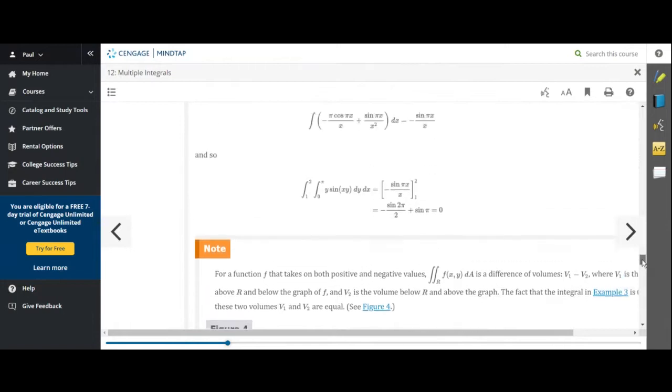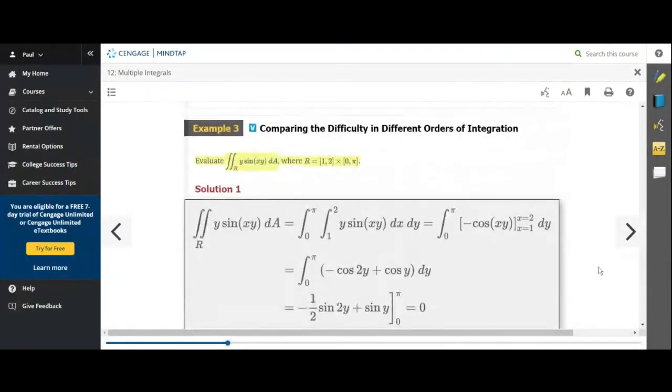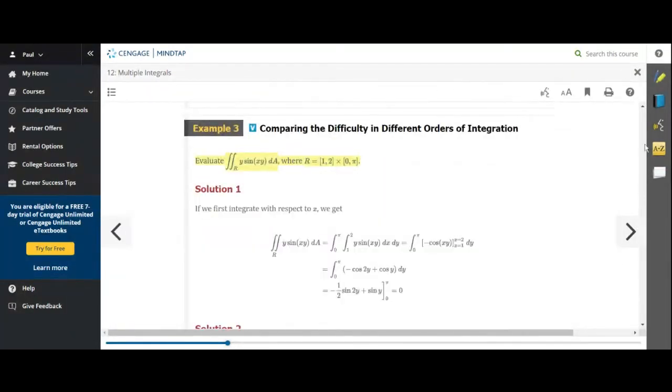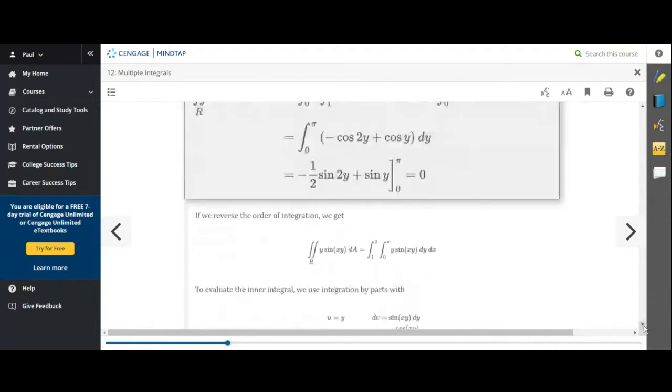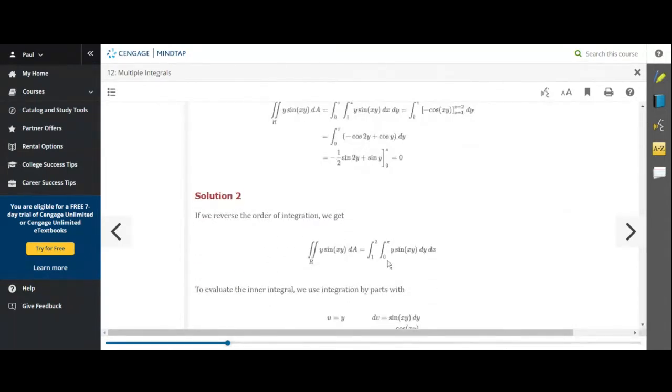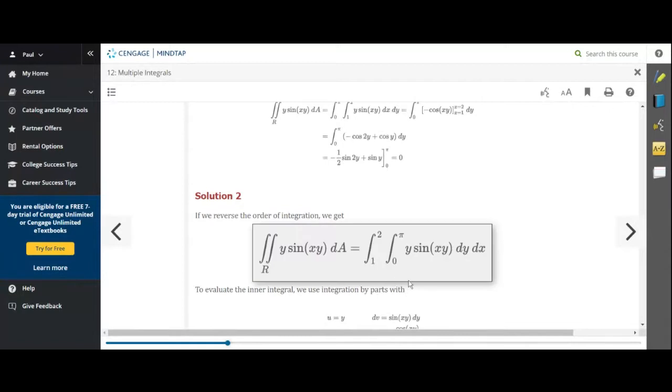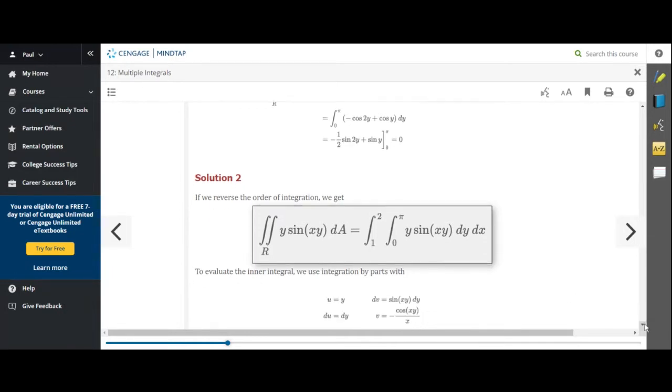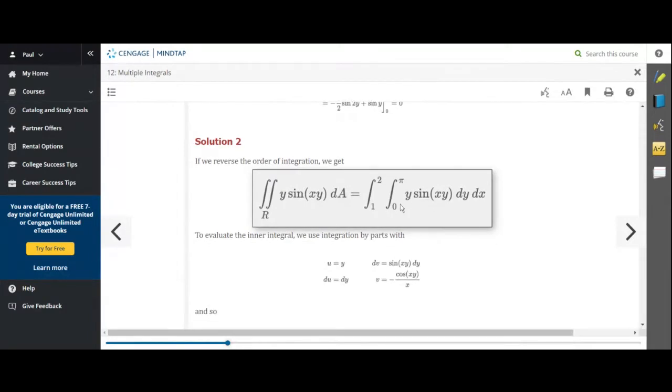Now, an interesting question is, what if you were to change your order of integration? The limits here are all constants, so it doesn't matter the order that you do your integration. But if you integrate with respect to y, then the inner integral from 0 to 2 pi of y sine of xy dy, you're going to have to use integration by parts.